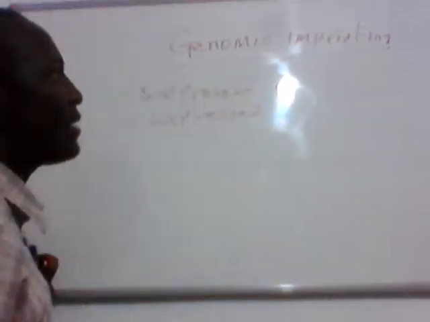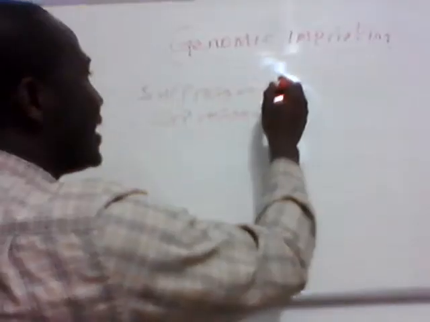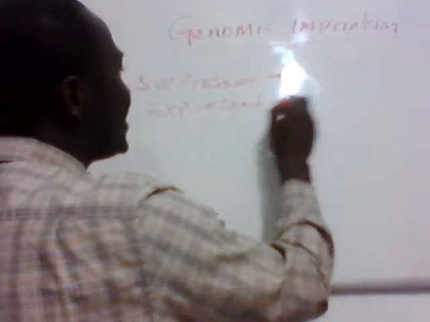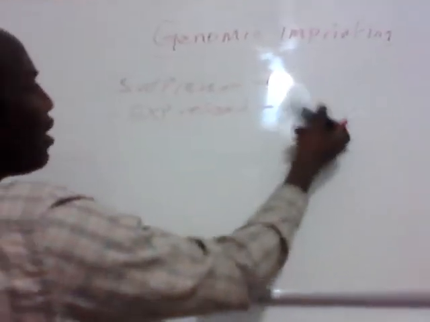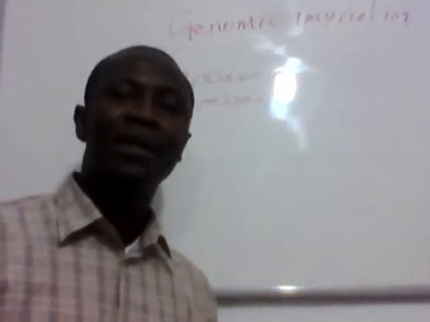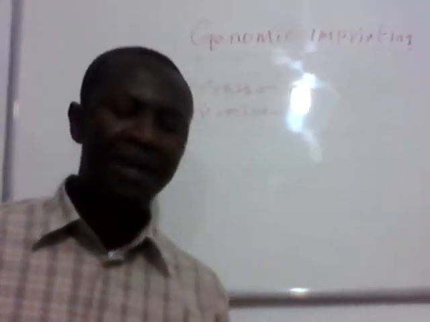So we see a kind of arms race here, the dominancy and then the recessiveness. So this one is going to be dominant and this one is going to be a recessive gene. But how does it occur and what are some of the examples where we normally see this genomic imprinting?